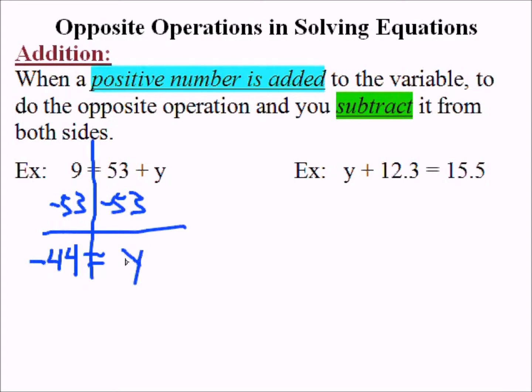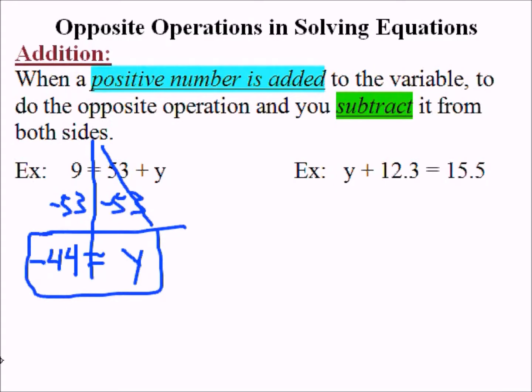Notice there's just one y on the right-hand side and a number on the left-hand side. But you might be saying, well, what happened to the 53? 53 minus 53 is 0, which we do not need to add to y because 0 plus y is just y. So in one step, we solved our equation, ending up with y equals negative 44.